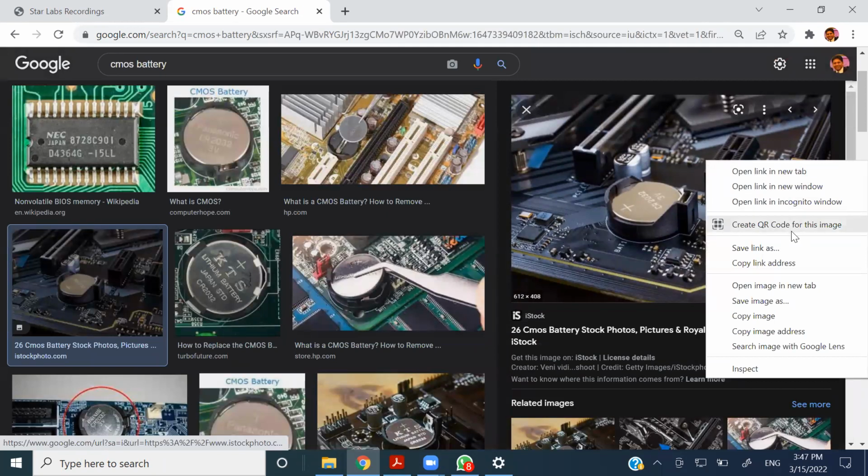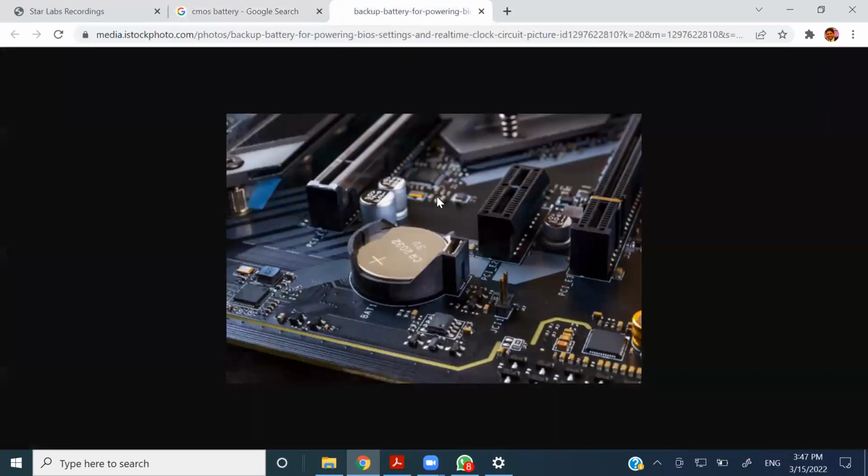Right now, this is a picture of part of a motherboard. It's a battery like the kind we use for watches and remotes. When this is here, it will power up the ROMs connected to the motherboard.